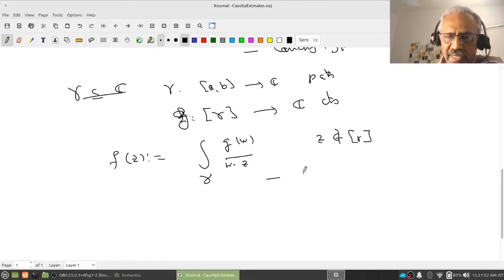We proved this is analytic. There is a slight disturbance, so let me continue. We wanted to show how we proved the Cauchy type integral defines an analytic function. I just touch upon that and then derive the formula.